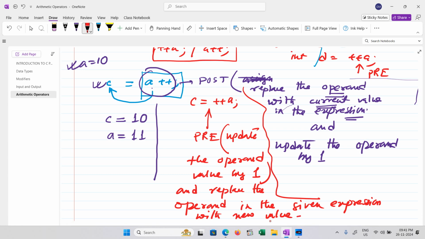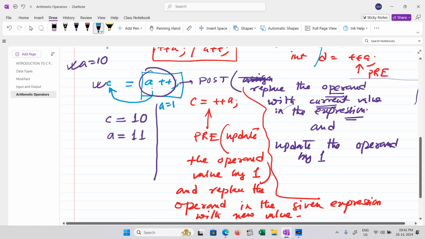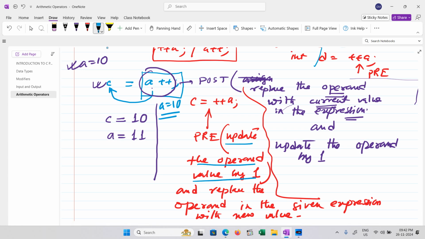So suppose I started with the value a equal to 10, what will happen? It says update the operand value by 1, so a will become 11, and replace the operand in the given expression with the new value.